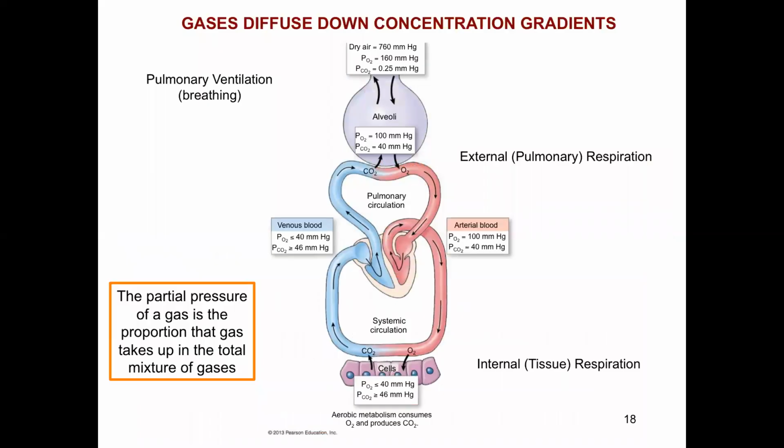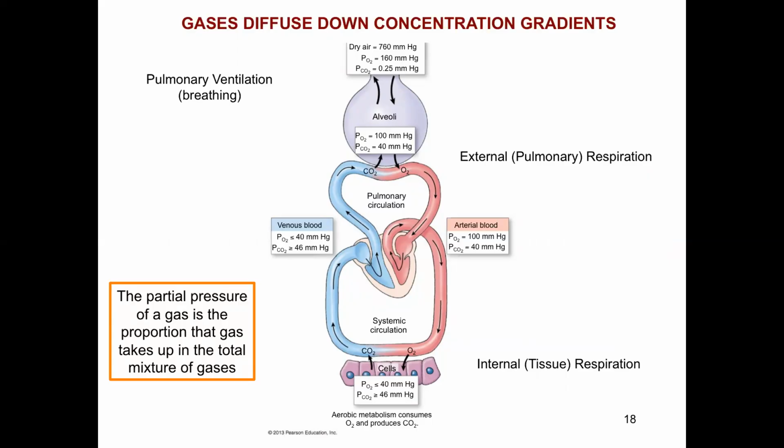Okay, so now we're going to talk about the actual diffusion gradients, all right? We've talked about high to low pressure in terms of the space, right? But we also have high to low pressure in terms of the concentrations. So this is slightly different, but it's a pressure gradient nonetheless. What we're talking about here is the actual concentration of the gases, which is expressed as a pressure because it is a gas.